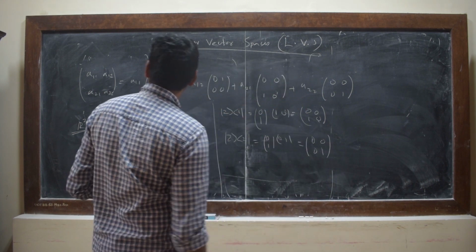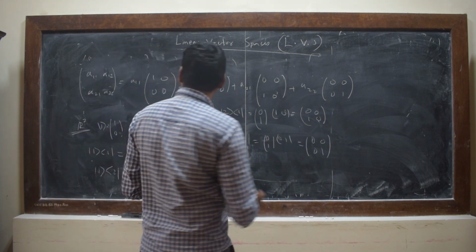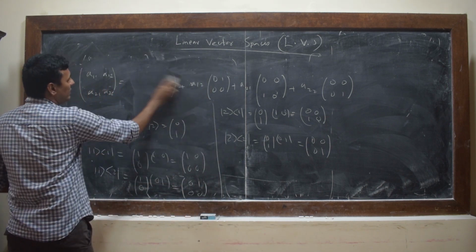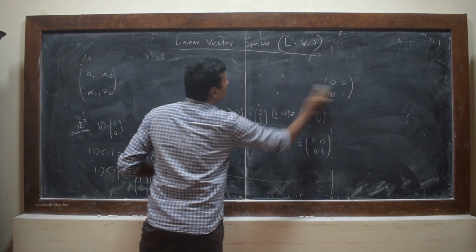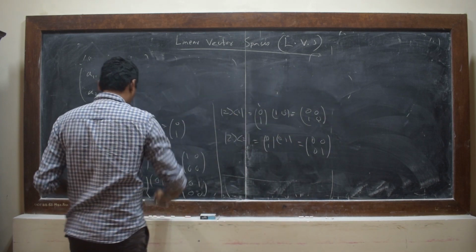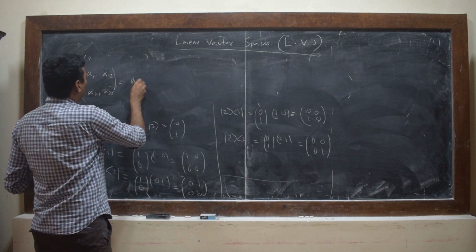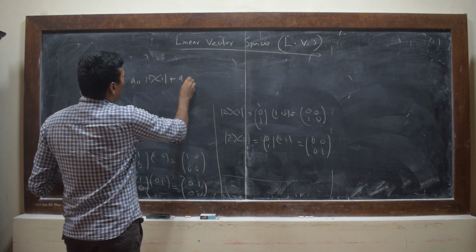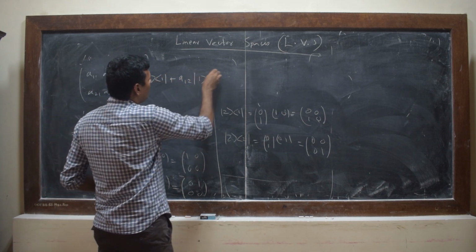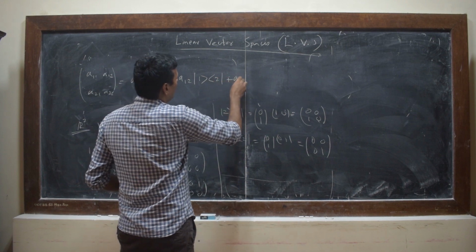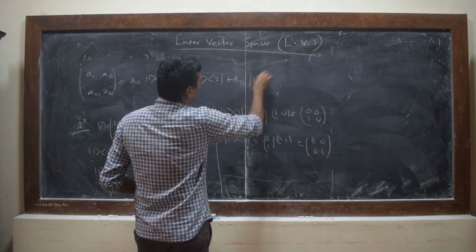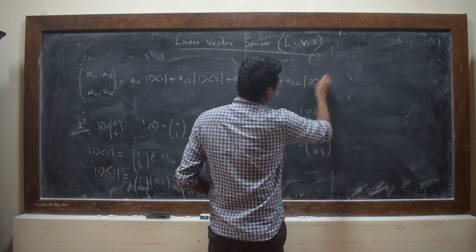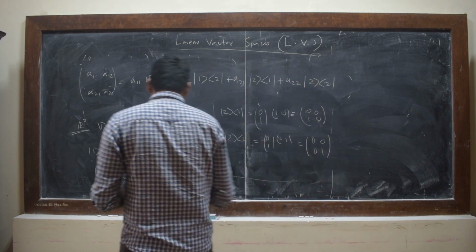Or you can expand this matrix like the following. You can write this as A11 |1><1| plus A12 |1><2| plus A21 |2><1| plus A22 |2><2|.